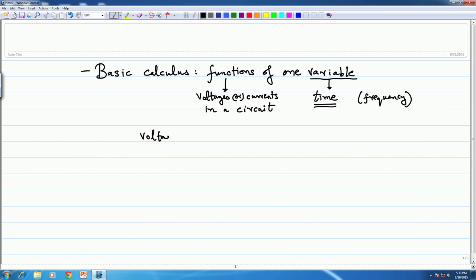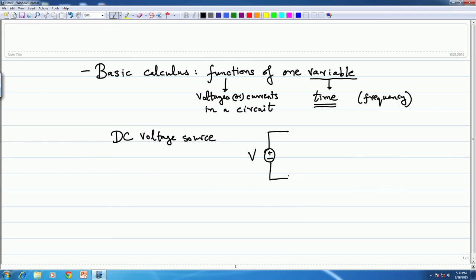Okay. So, let us take one of the simplest of circuit components out there, which is a voltage source. Okay. So, this is typically denoted like this, maybe you put plus minus and then you have a V. Okay. So, I am going to say this is a DC voltage source. Okay.